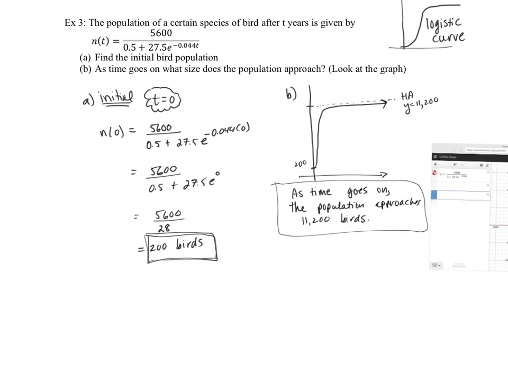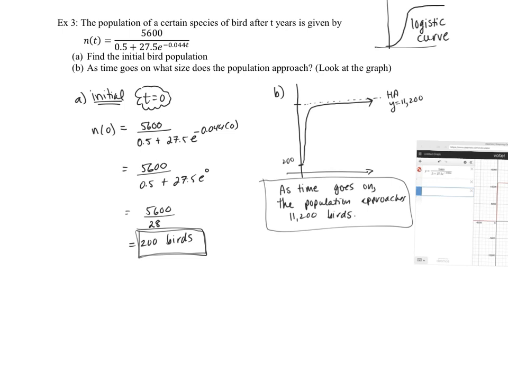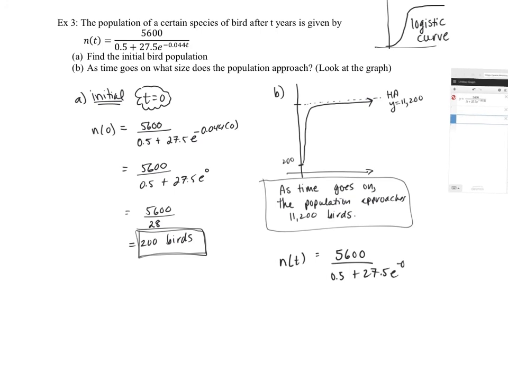And we can think about this in terms of our formula. If we are taking 5,600 and dividing by this 27.5 e to the negative 0.044t, okay, that is a negative exponent.